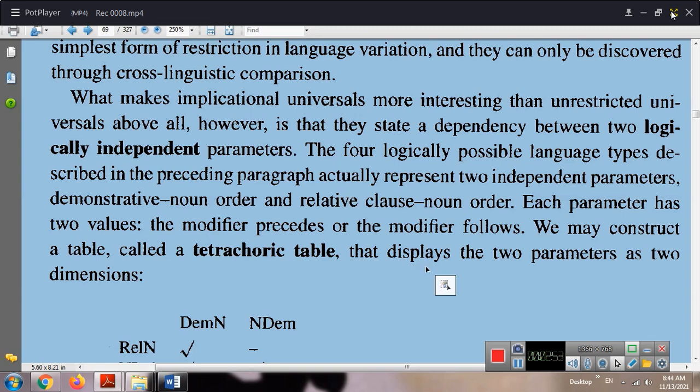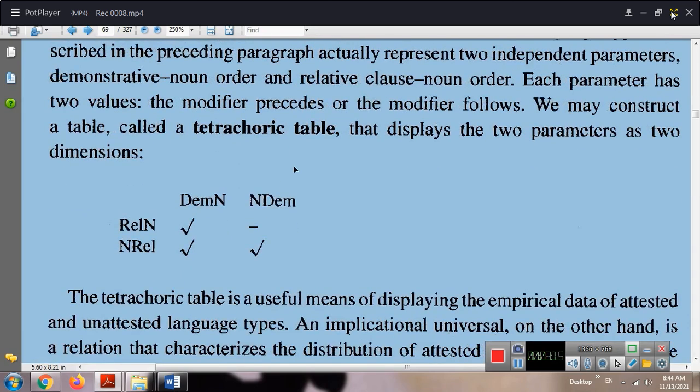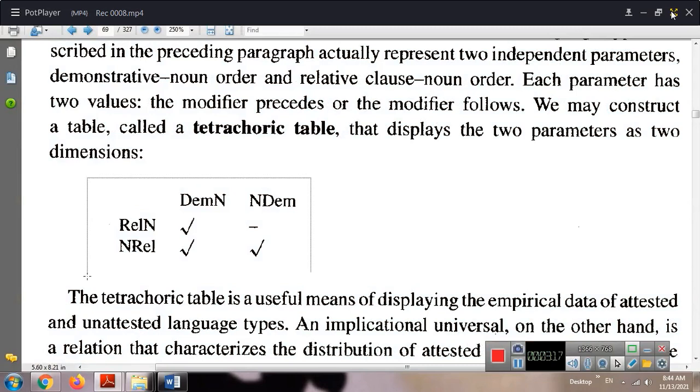Dear student, another term which is very important in typology is the tetrachoric table. You should know its meaning: a tetrachoric table displays the two parameters in two dimensions. Here we have a tetrachoric table.